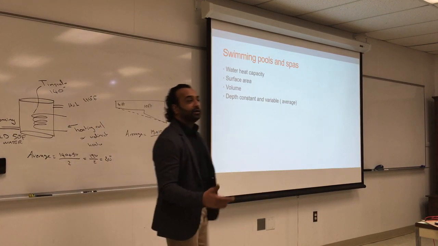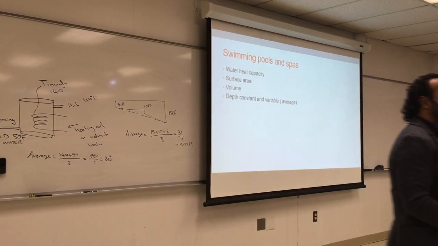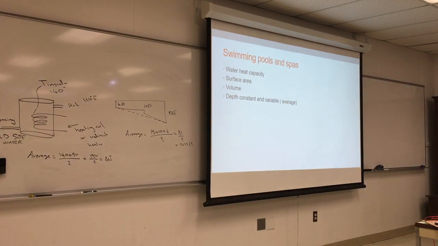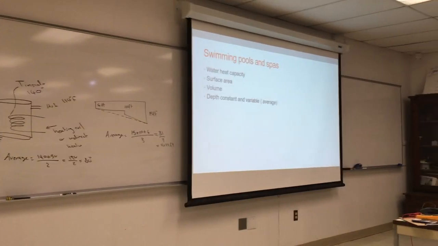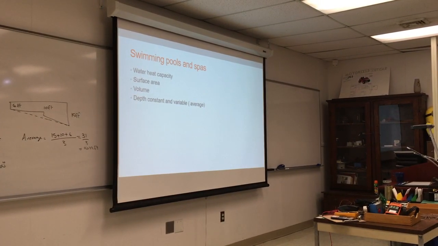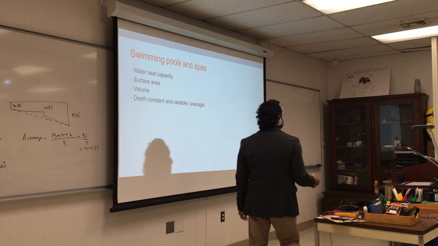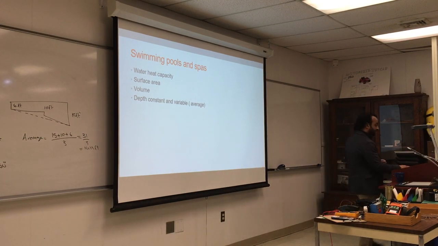So again, it's not going to be a very huge difference. What are you going to do in real life? You can go with a meter and measure. The more measurements, divided by the number of measurements, the more accurate. So if you took 5 measurements, divided by 5, it would be better. And that depends on the slope as well. Is it a consistent slope, or is it a little bit deeper, then it goes up, then a little bit deeper, so it will be a little bit different. So it's good to understand that.